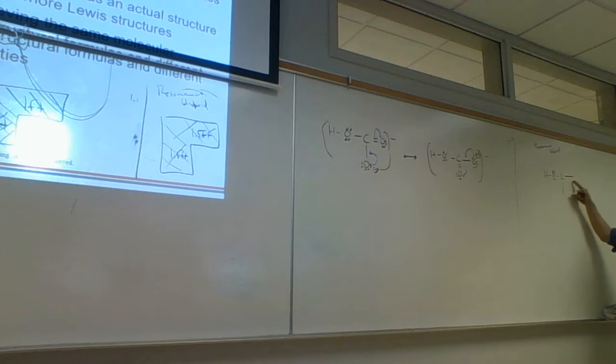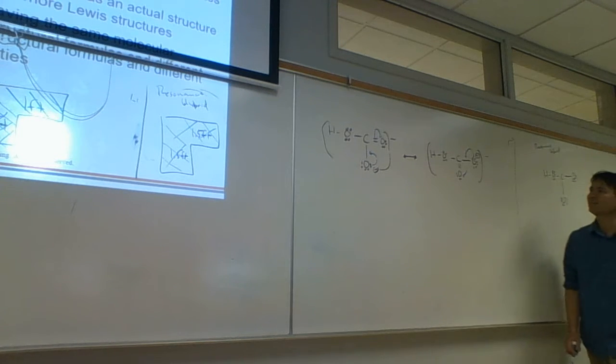There are going to be 2 single bonds that are permanently affixed to the oxygen, so these 2 single bonds are always there. Don't want to over-exaggerate. There are going to be 2 lone pairs that are always on the oxygens. But there's going to be 1 lone pair that floats between the 2 oxygens, so it's going to spread out between the 2. So I'll just draw this as dashed here.